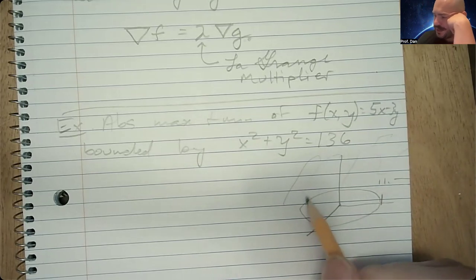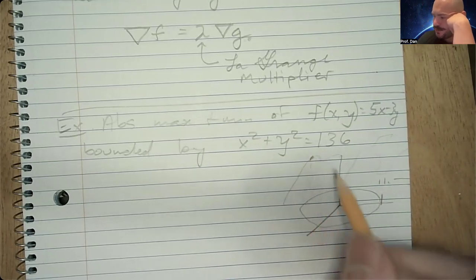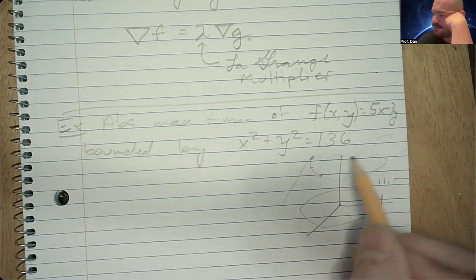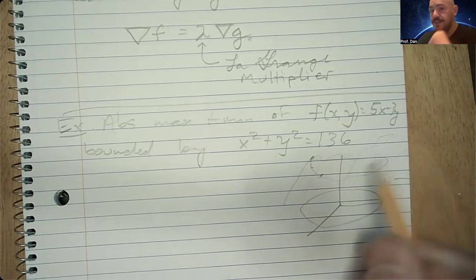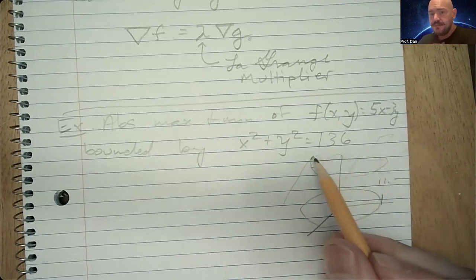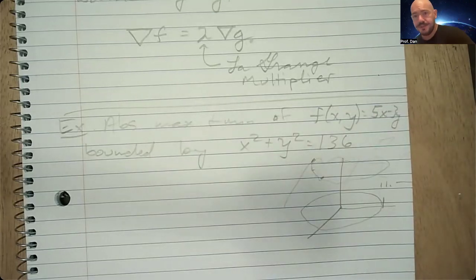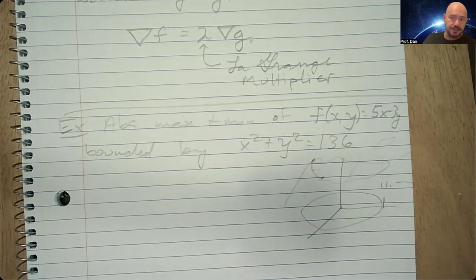If I were to trace points up from that circle that I drew on the floor to the three-dimensional surface, I would basically get some kind of a line on my surface. If I laser cut this and pull it off the top, I get that weird potato chip that I was talking about earlier. And again, we want to find the maximum and the minimum values, so the highest and lowest point on the weird potato chip.